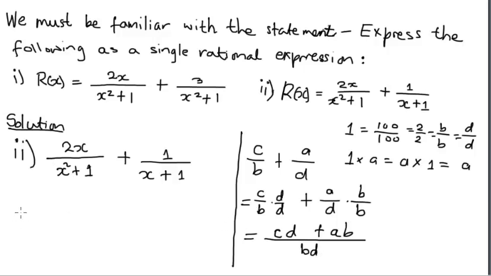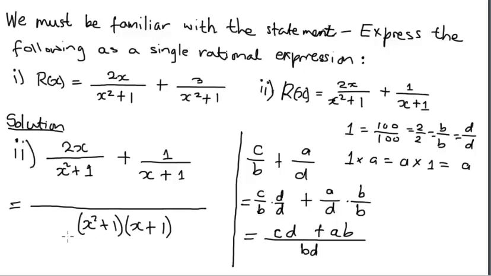Then we've achieved what we wanted to do here, that is expressing this as a single fraction. Now if we look at this carefully, we can say this is our b and this is d. We're striking some similarity there. So we can say now x squared plus 1 multiplied by x plus 1 will be the denominator for a single fraction.